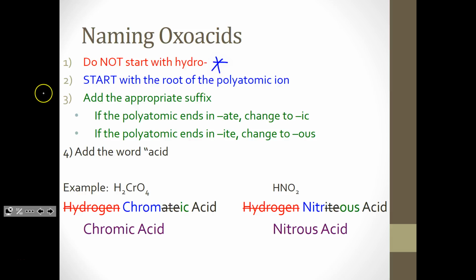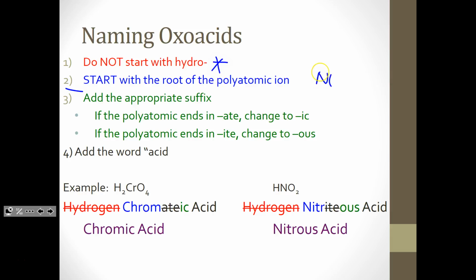Well, we're going to go to right here to step 2. Step 2, we're going to start with the root of the polyatomic ion, just like we would have if it was an element. Now, we can't just end everything in ic like we did with the binary acid, because if you remember from polyatomic ions, there's a lot of polyatomic ions that sound the same. For example, nitrate and nitrite.